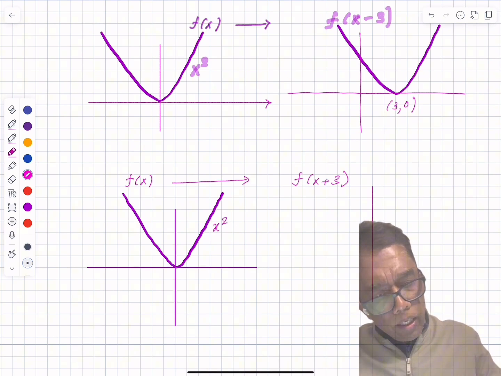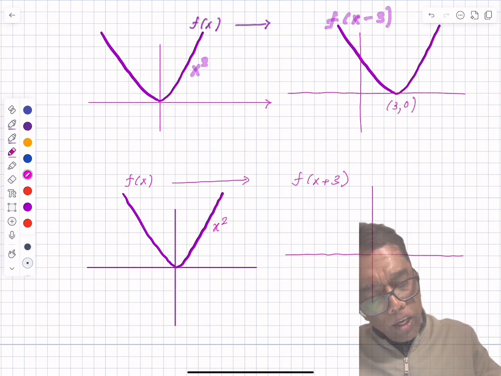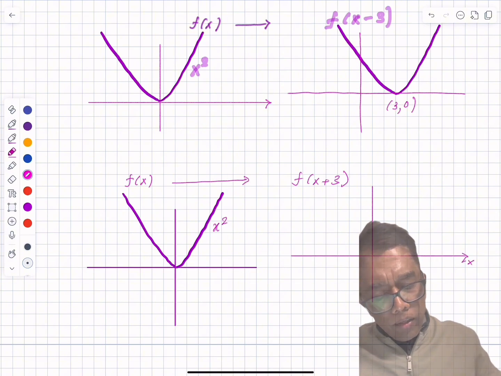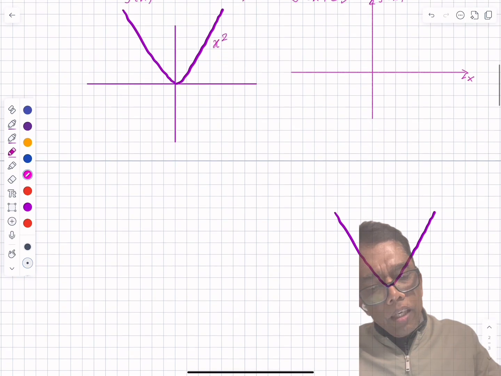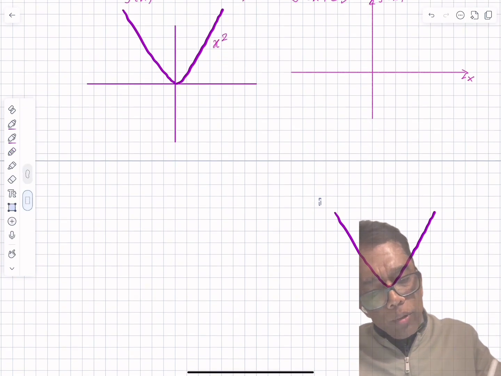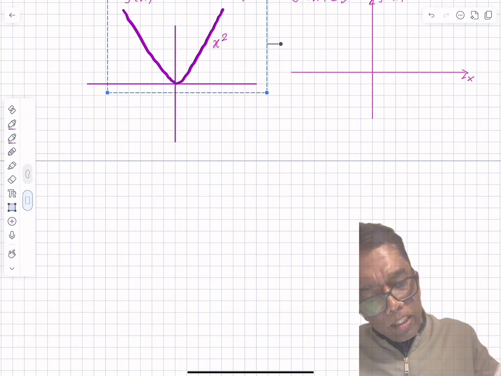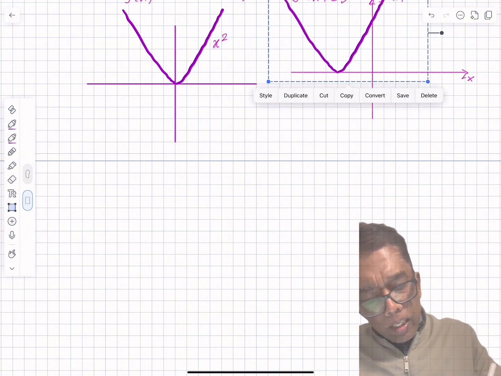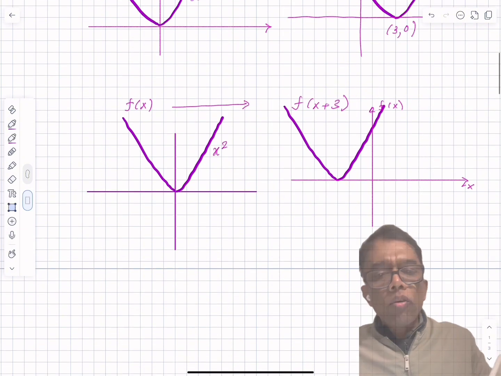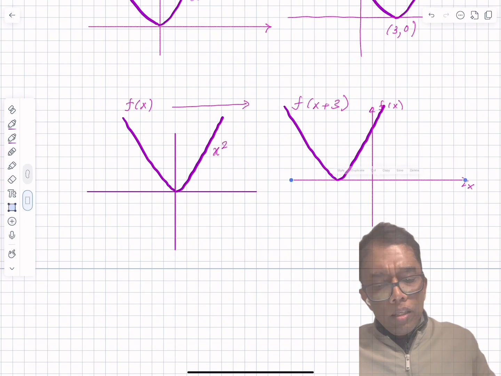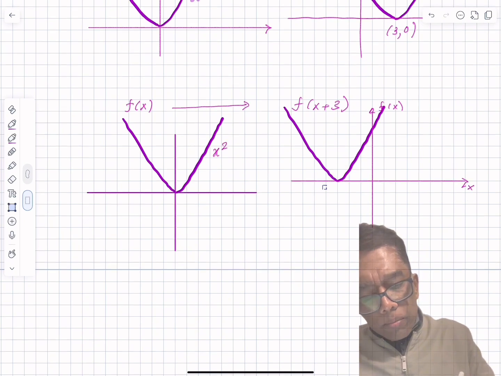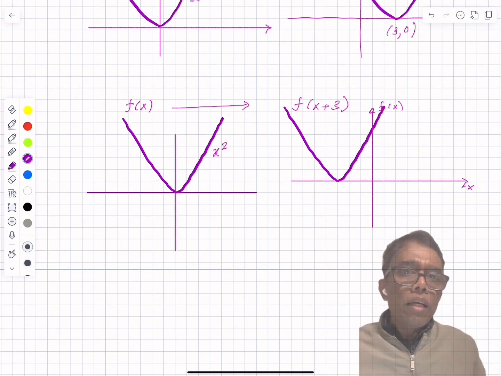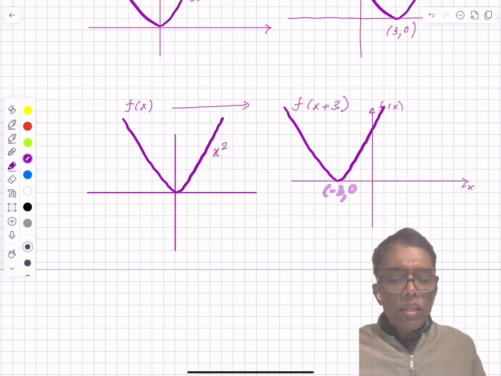This is the x-axis. This is the f(x), which is a translation to the negative side. This turning point is (−3, 0). f(x) goes to f(x + 3) means a left-hand translation.